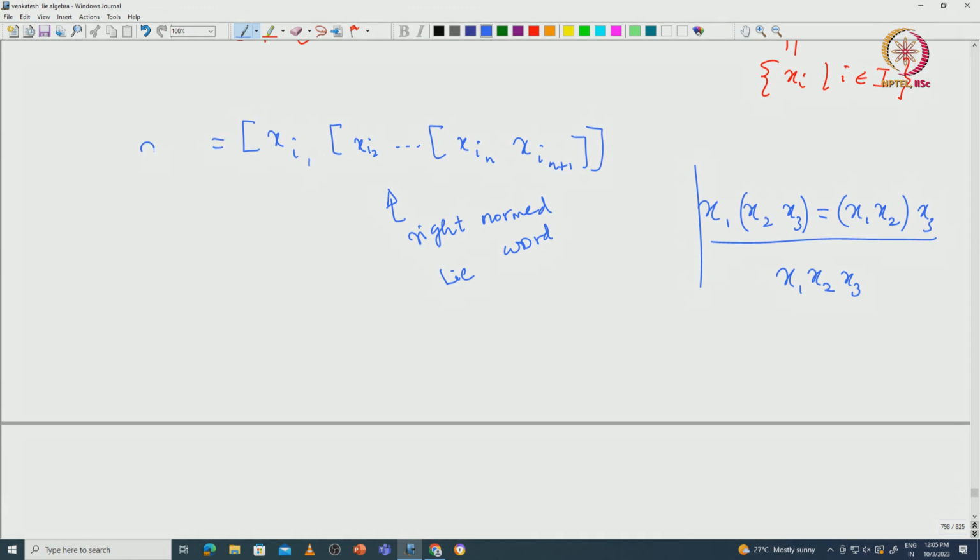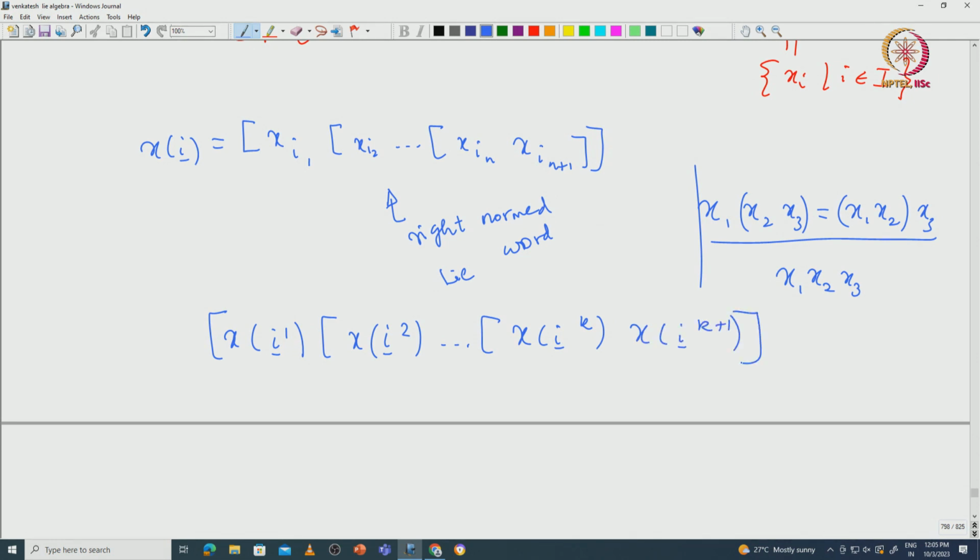If you call this x_{ī}, then you take x_{ī1}, bracket with x_{ī2}, and so on up to x_{īk}, and then bracket with x_{ī(k+1)}. This will be a typical Lie monomial.